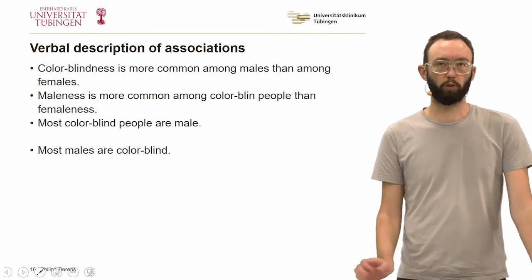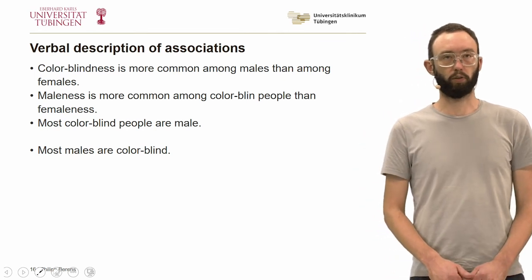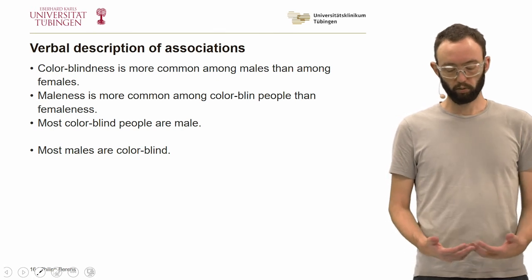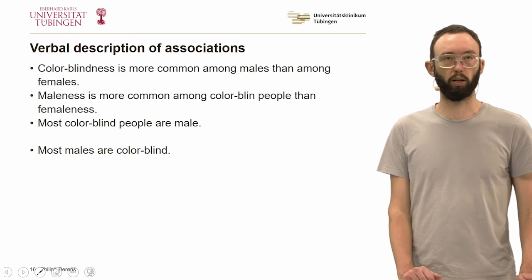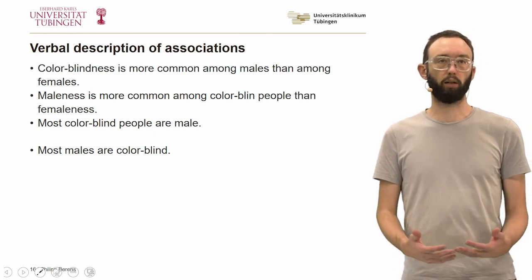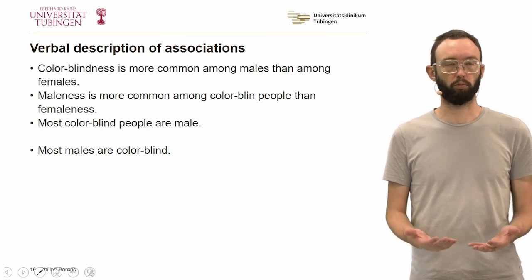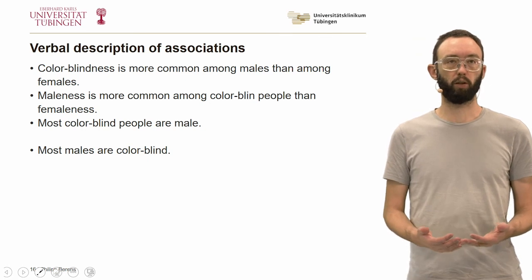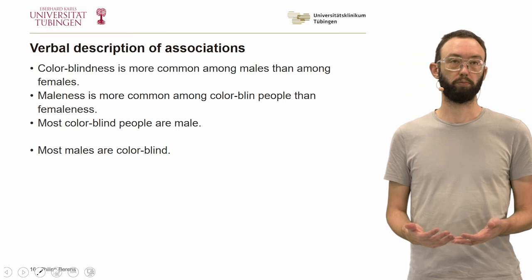One has to be careful, though, to pick the right verbal descriptions of these associations. One way to phrase a possible outcome, in this case about color blindness, is to say color blindness is more common among males than among females. That's a true statement. You could also say maleness as a property is more common among colorblind people than femaleness. That's also true.